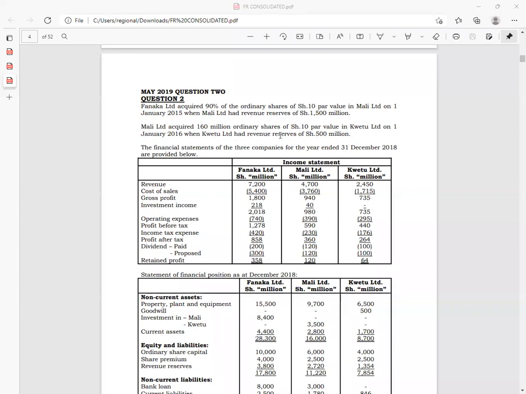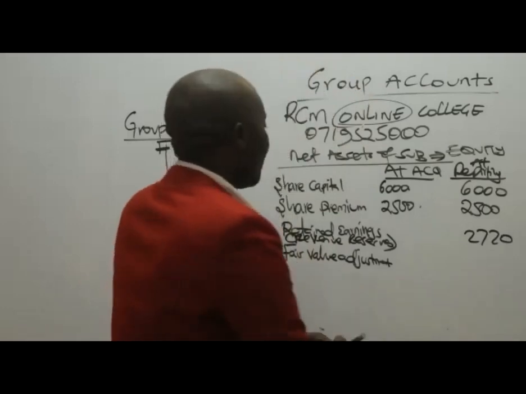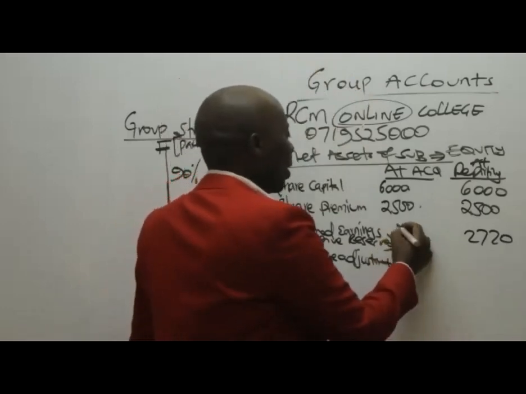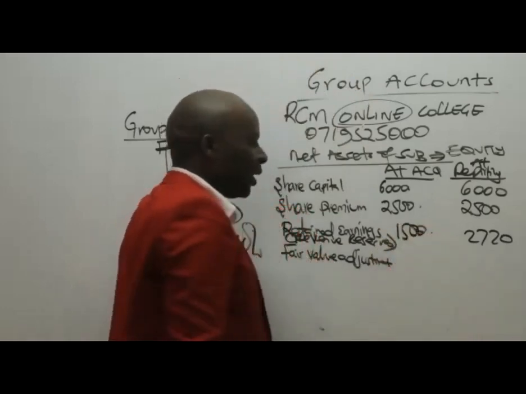We are told Fanaka Limited acquired Mali on this date, and on that date Mali had revenue reserves of 1,500 million. Our figures are in millions. So revenue reserves on acquisition is 1,500.